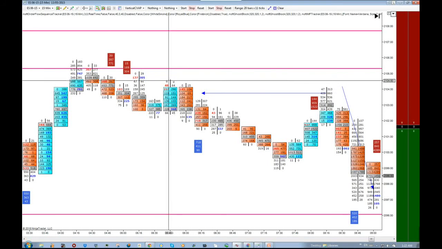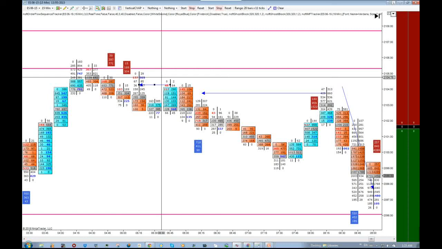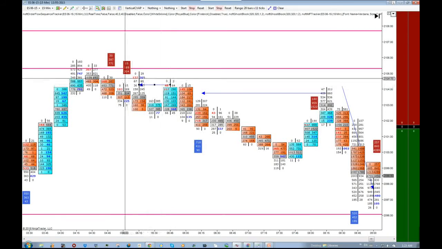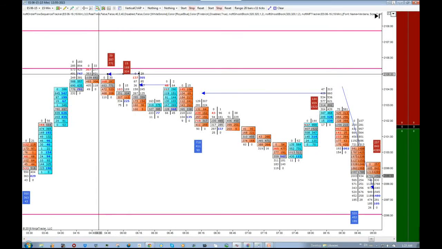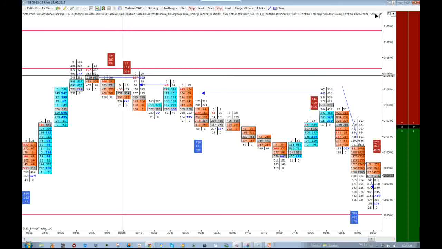The previous one, 2104.50, you probably wouldn't get filled on there. There's only two contracts at 2104.50, but even one tick below that, 2104.25, you could have got filled at that. You had a couple opportunities there. Same thing up at the top. Maybe you couldn't get filled at 2105, but 2104.75 was definitely a possibility.